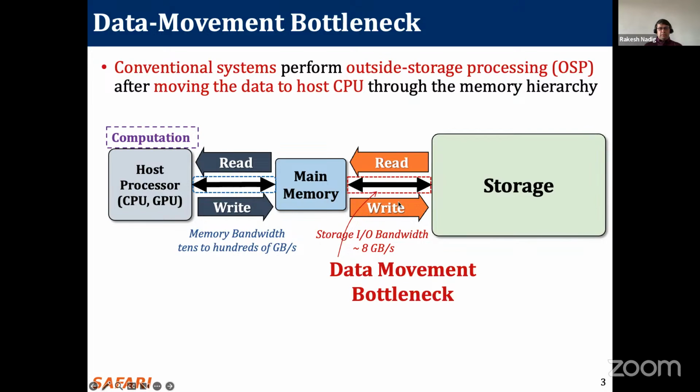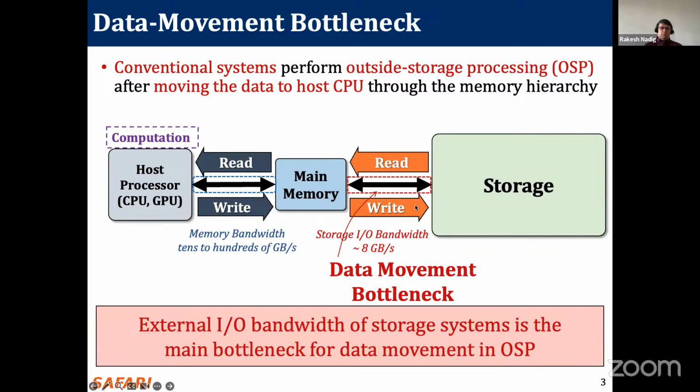Compared to the main memory bandwidth, we have a limited bandwidth between the storage system and the main memory, so the amount of data that can be transferred in parallel is less. This is a data movement bottleneck. The external I/O bandwidth is the key bottleneck here.